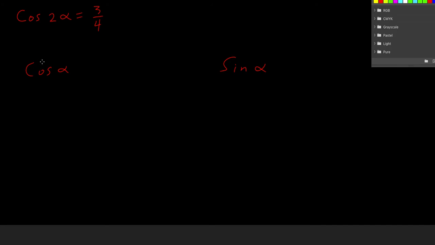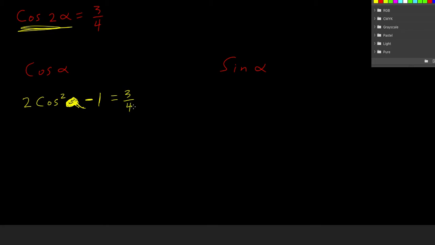There's no sine in it. And so I'm going to replace this with 2 cosine squared alpha minus 1. This is an alpha. Sorry, it doesn't look like an alpha. Okay. And we know that that is equal to 3/4.